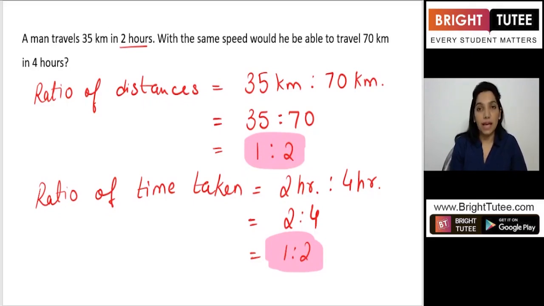Therefore, here the question is, with the same speed, would he be able to travel 70 kilometers in 4 hours?